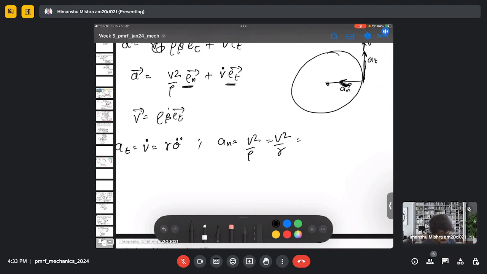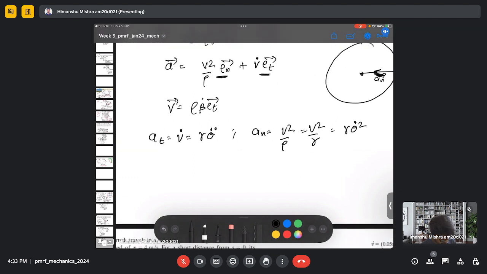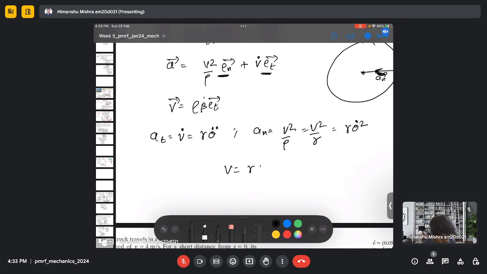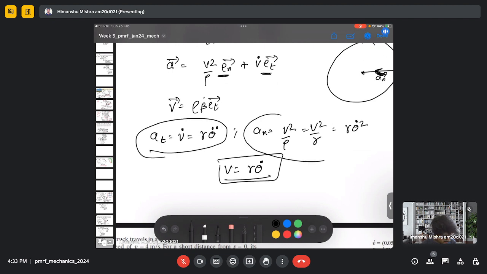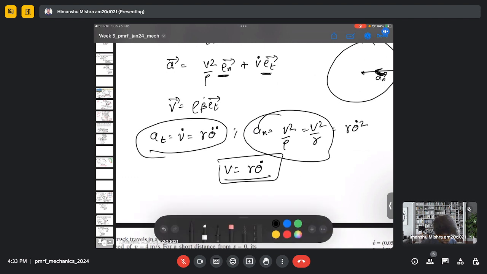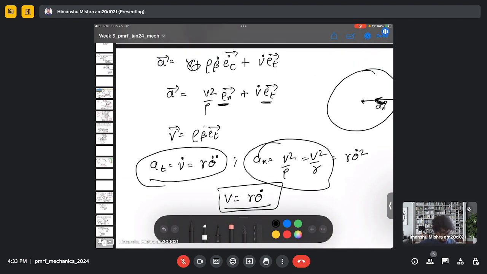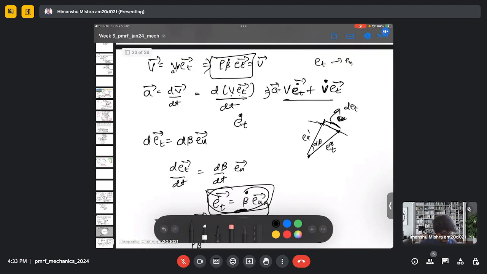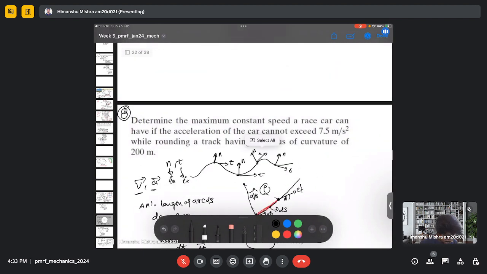In terms of theta, we will have r theta dot square, and the velocity will be r theta dot. So this is my velocity, this is the tangential component of acceleration, and this is my normal component of acceleration. And we will be using these three relations to find the acceleration and velocity in the curvilinear geometry.